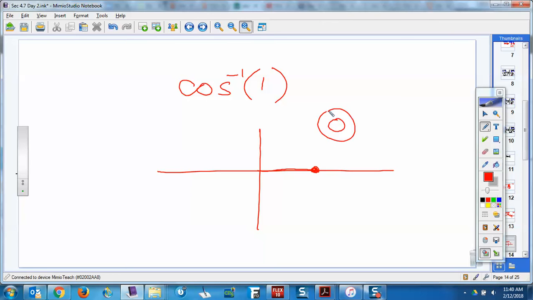What if that had been negative 1? The angle whose cosine is negative 1. Pi, 180 degrees or pi. So that shouldn't be bad, right? That's just asking in a different way.